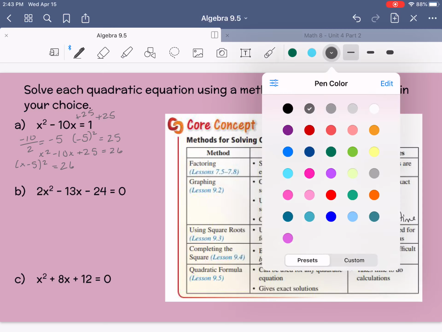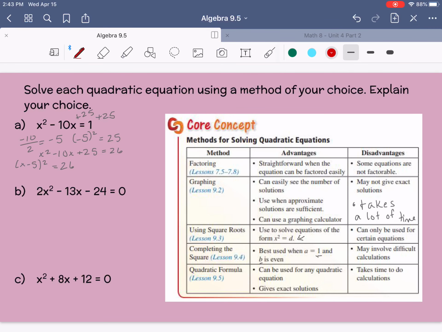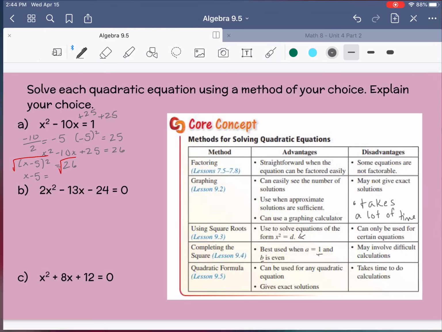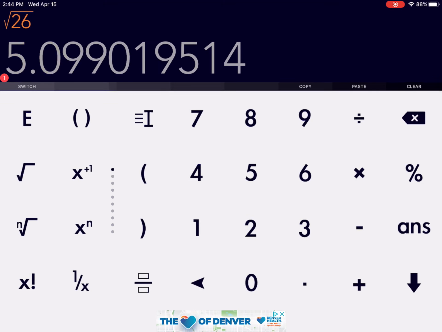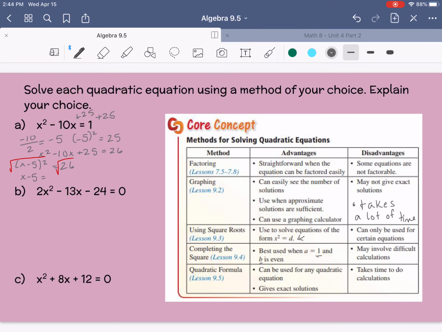And then from here, I am going to take the square root of both sides. So I have x minus 5 equals plus or minus the square root of 26. So I'm going to pop back over here to my calculator. The square root of 26 is 5.09, so that is about 5.1. So x minus 5 equals plus or minus 5.1.